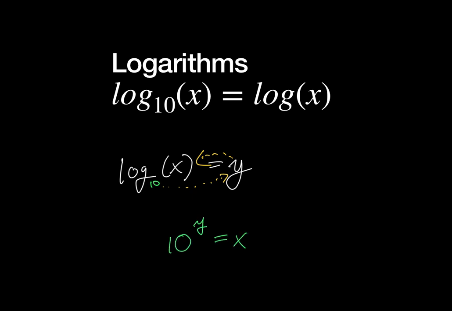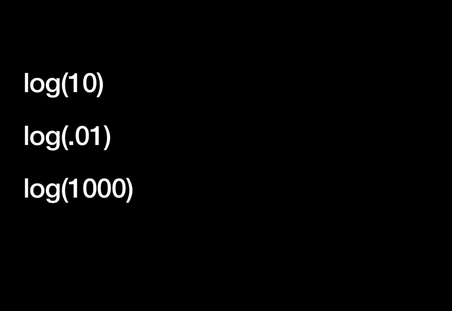And that's, again, how we convert back and forth between logarithm and exponent. So if I have log of 10, or realistically, this is log base 10 of 10 equals something. We'll call it a. What does it equal? Well, I'm going to convert. My base is 10, so it's going to be 10 to the a power.